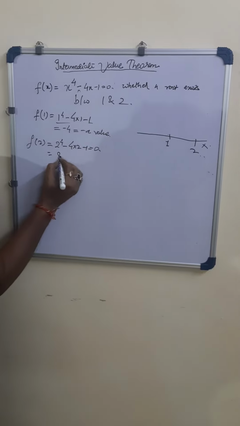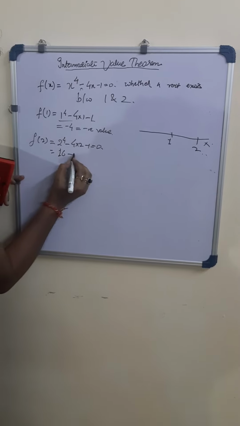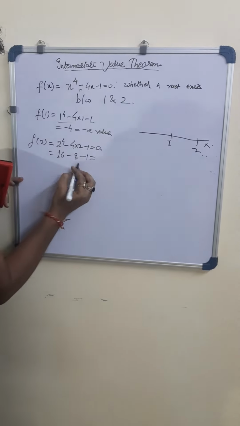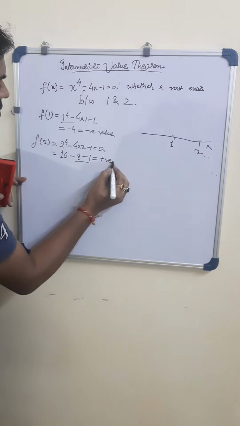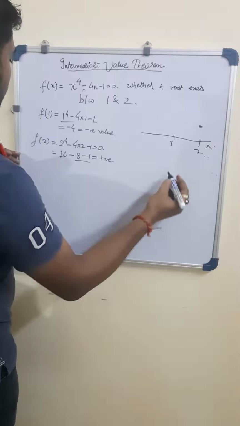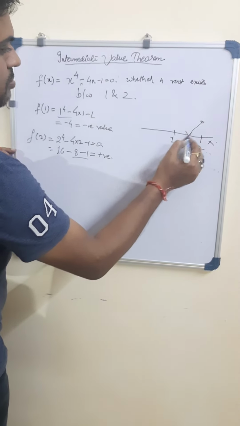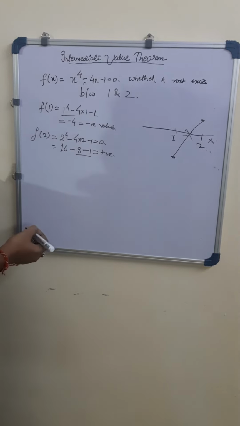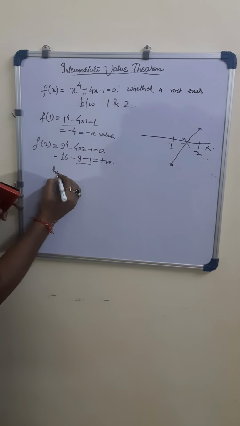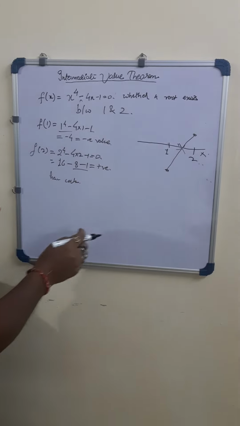So that will be 2 raised to power 4 is 16, minus 8 minus 1. Essentially this is a positive value. So f of 2 being positive and f of 1 being negative, f(x) does cross the x-axis, hence it is certain a root exists between 1 and 2.